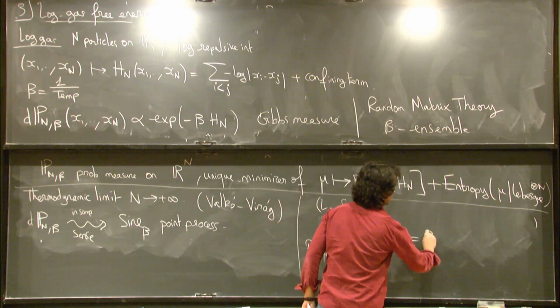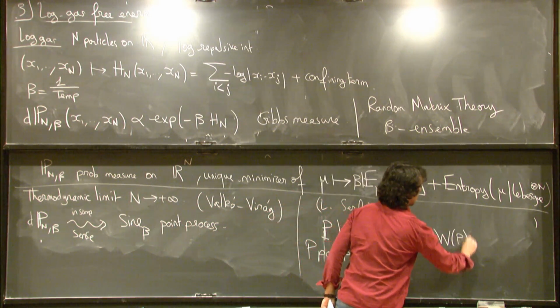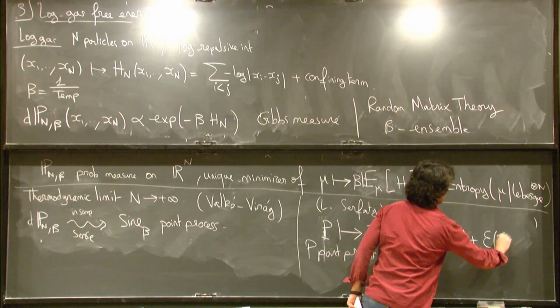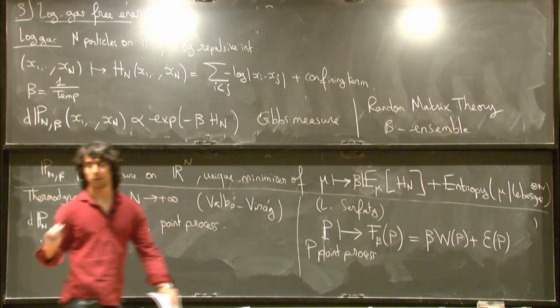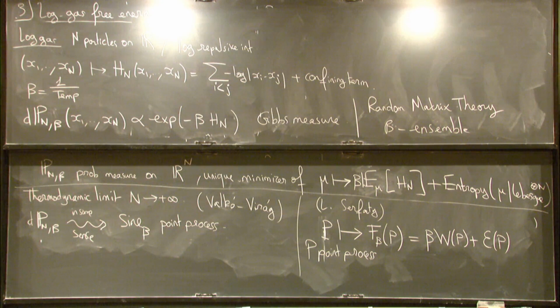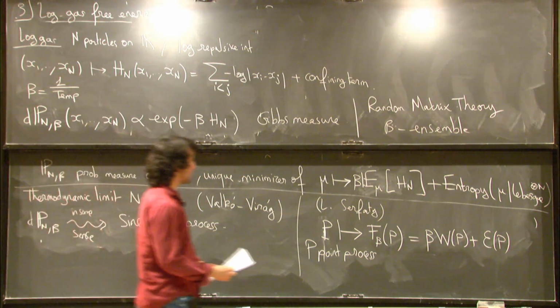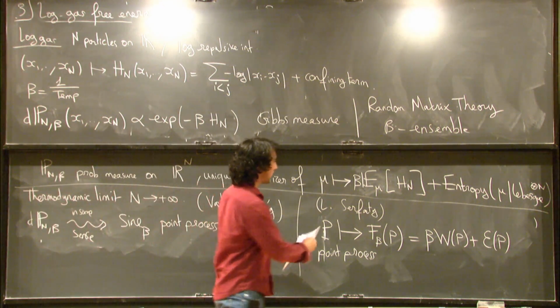And it has the form. Is your answer analytic in beta? I'm going to come to that. So we have a variational problem.